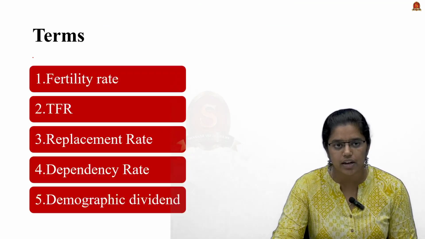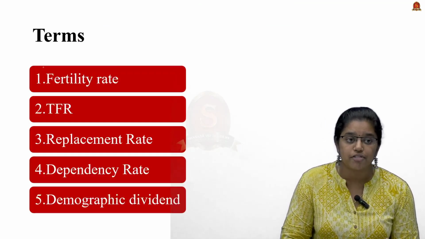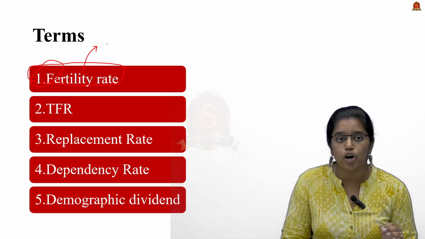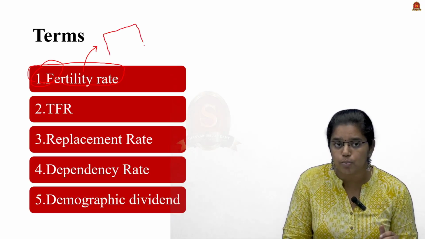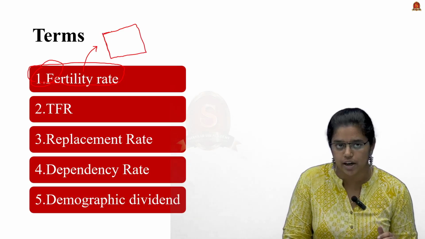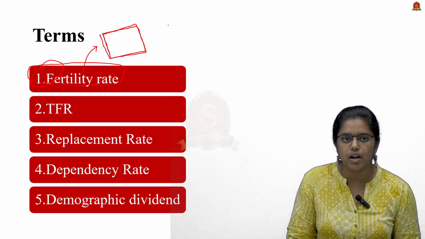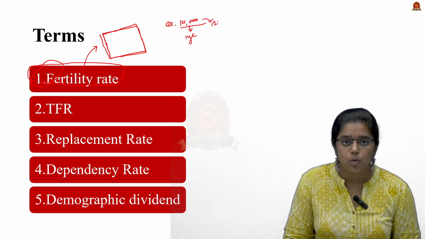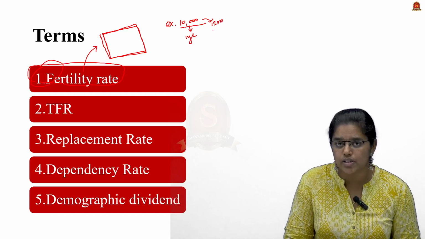So let's begin with the term fertility rate. It is nothing but the number of children born to a woman in a particular population in a specific period. Let's understand this term with an example. Let's say there are 10,000 people in a place, and in a given year there are about 1,200 babies born.